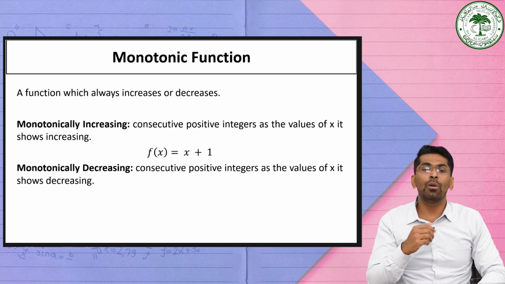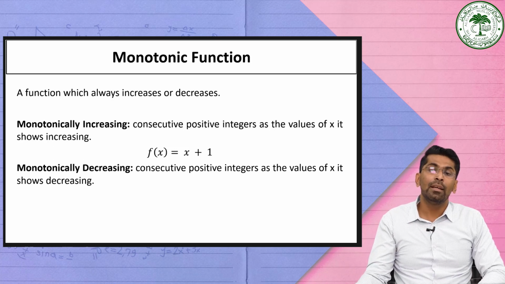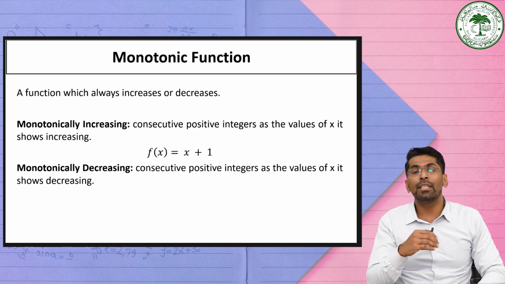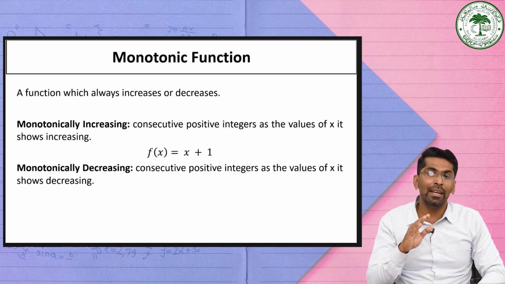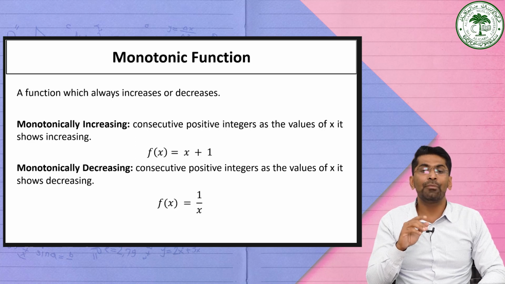As against the monotonically increasing function, we have the monotonically decreasing function as well. What does a monotonically decreasing function mean? When we assign consecutive positive integers as the value of x, then y shows a decreasing trend. Then the function is known as a monotonically decreasing function. For example, f of x is equal to 1 by x is an example of a monotonically decreasing function.